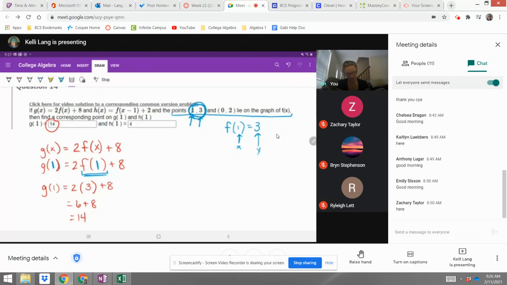So let's do basically the same thing with h of 1. Here they're asking us to find h of 1. So we're going to start with h. h of x equals f of x minus 1 plus 2. And since they want us to plug in 1, we're going to put that in for x.